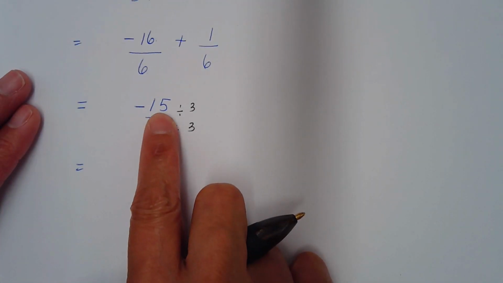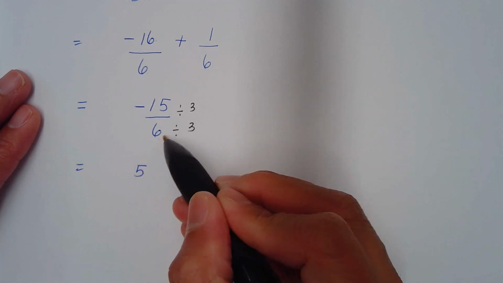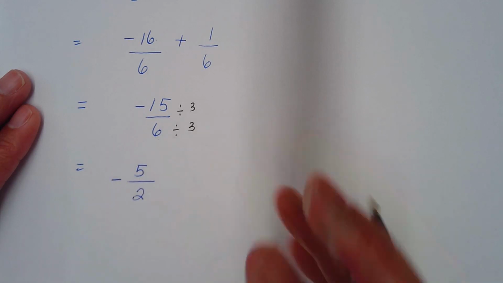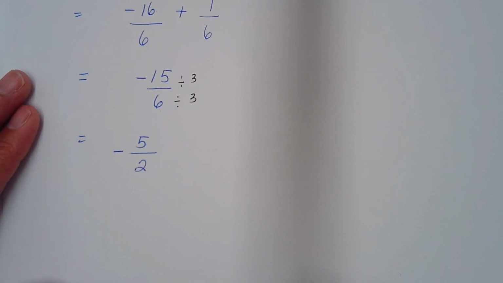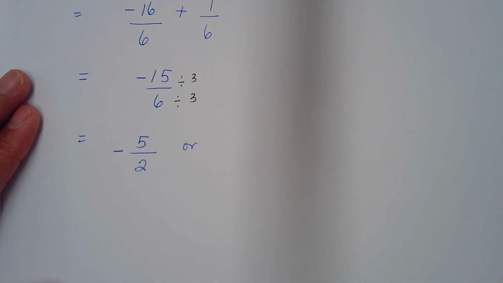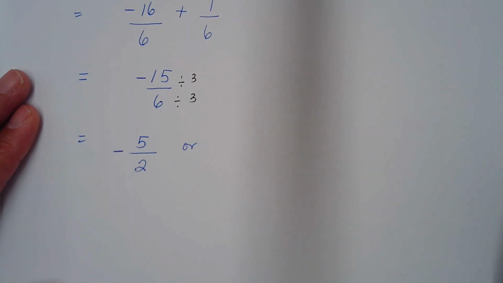So 15 divided by 3, that makes it 5. 6 divided by 3 gives us 2. And then the negative is still there. Okay. You can leave it like this, negative 5 halves, or well, what can we do? This is called an improper fraction. So divide.